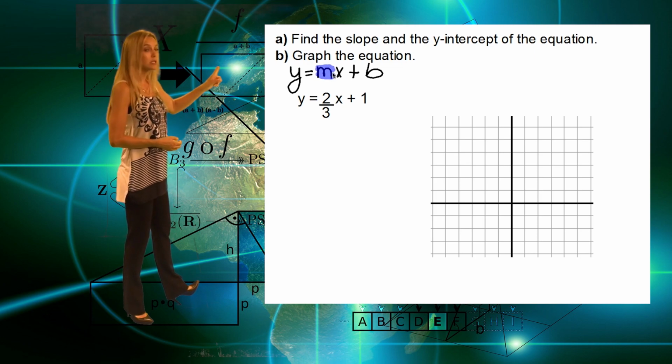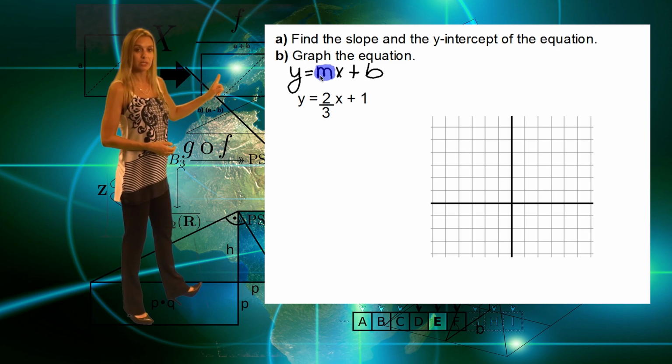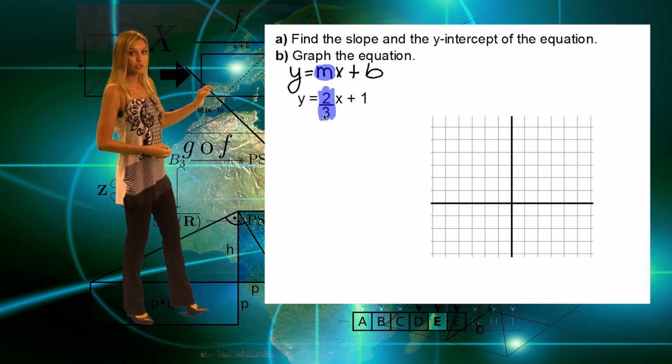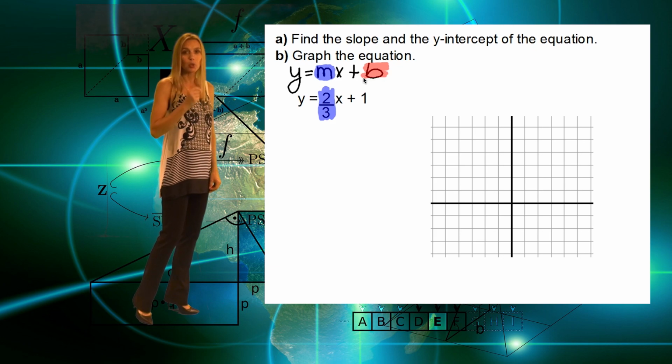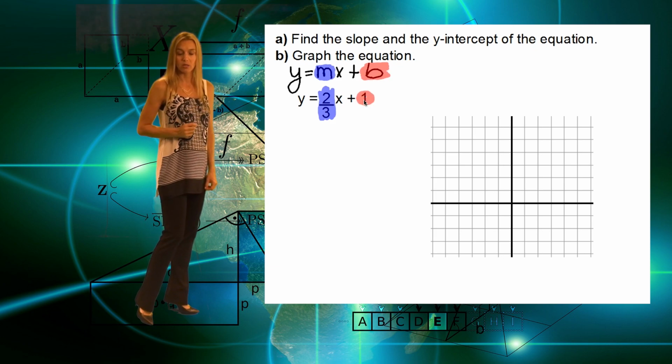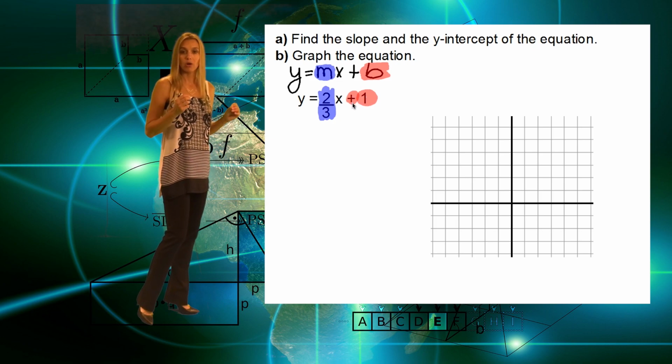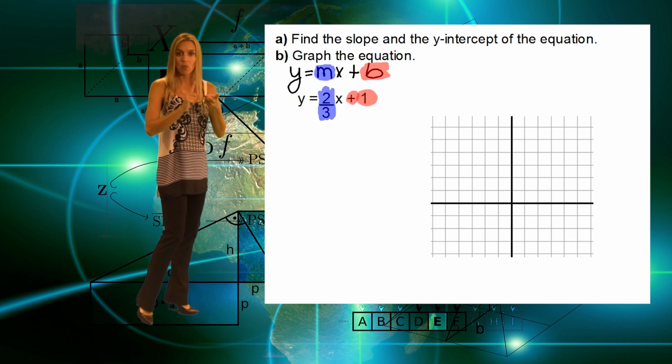And I know m is the slope. That is going to tell me how to go from one point to the next. And b is my y-intercept, which actually is the first point that I will plot on the y-axis. And b is equal to 1. So those are my slope and my y-intercept.